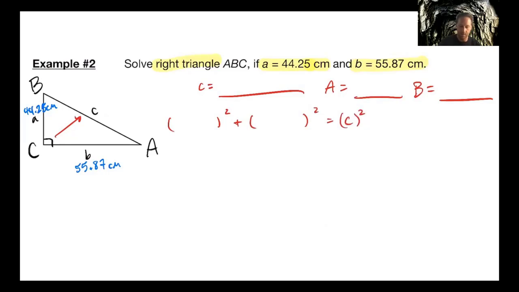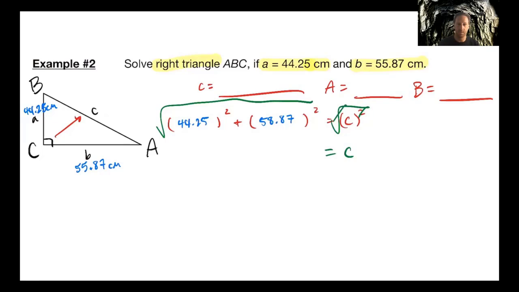And since they gave us what our a is and b, we can then square those, add them together, and then take the square root to get what c is.